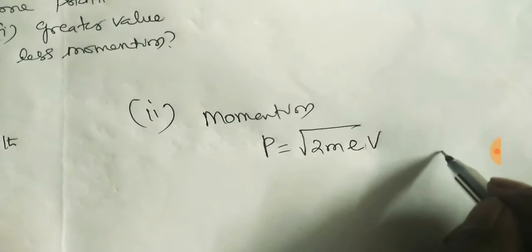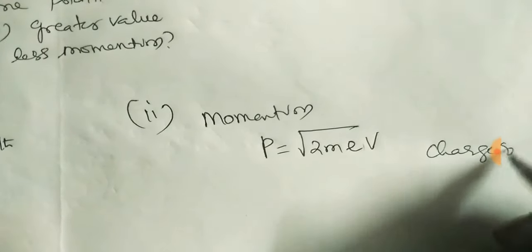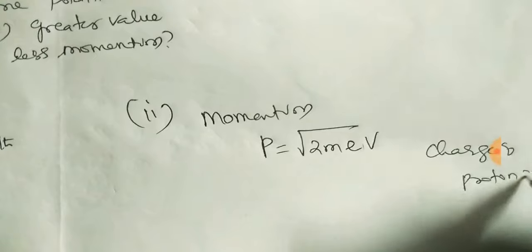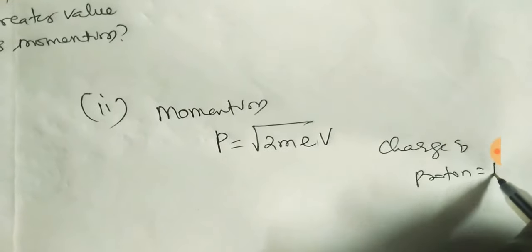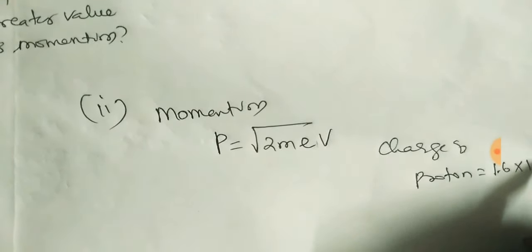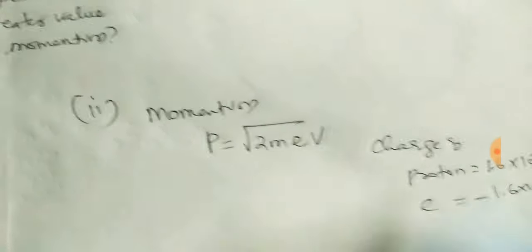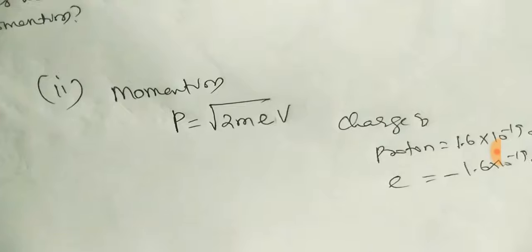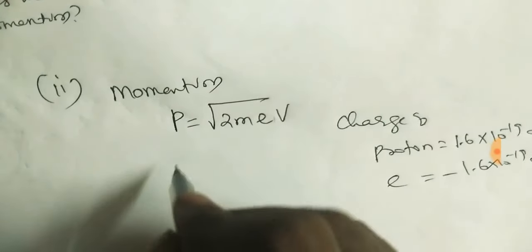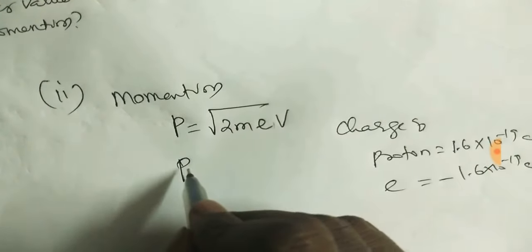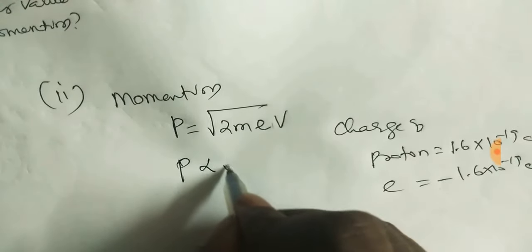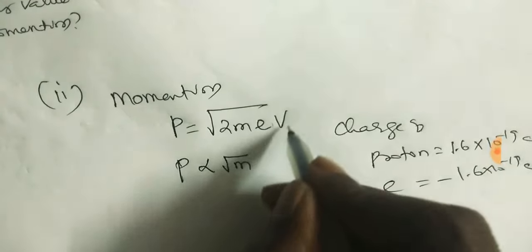Both are really constant, only the minus sign is there. Let it be a constant for proportionality. p is directly proportional to root m because V is a constant.